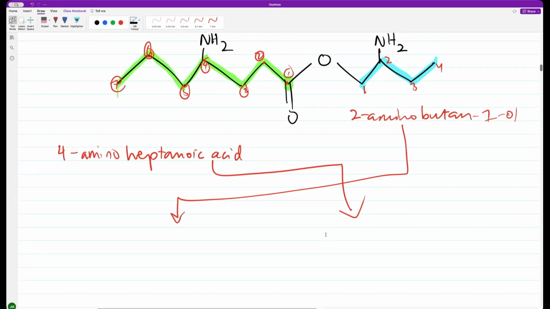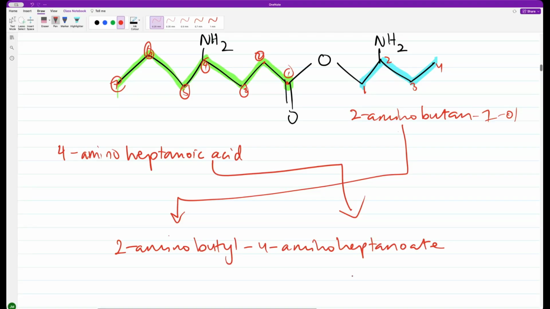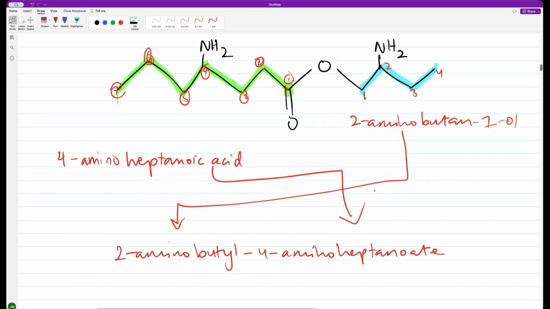So the alcohol's name will become, from 2-amino butanol, 2-amino butyl, and then the 4-amino heptanoic acid will become 4-amino heptanoate. All right, that is the name of this substituted ester.